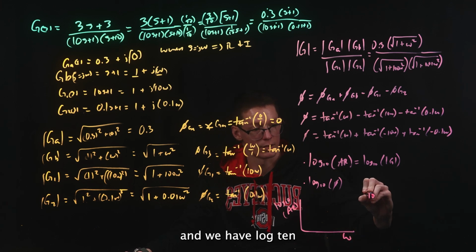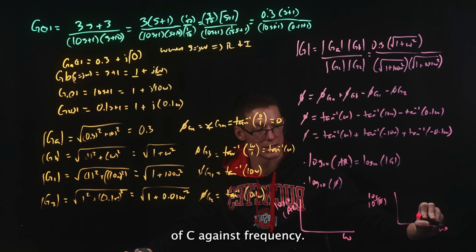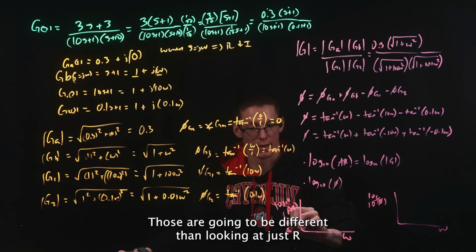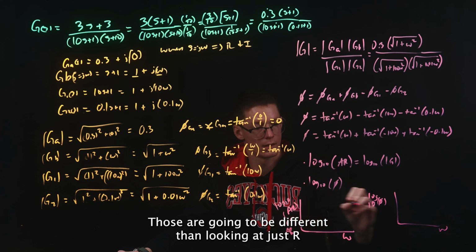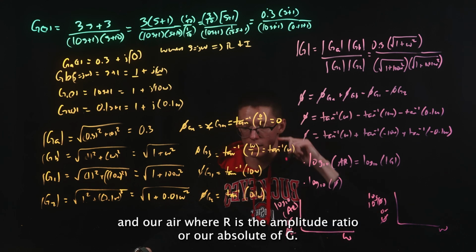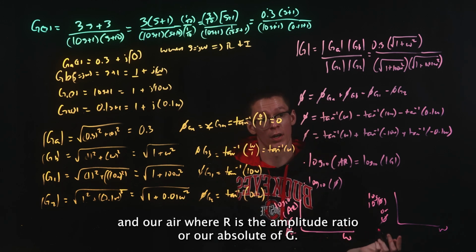And we have log 10 of phi against frequency. Those are going to be different than looking at just AR or frequency, where AR is the amplitude ratio, or our absolute of G.